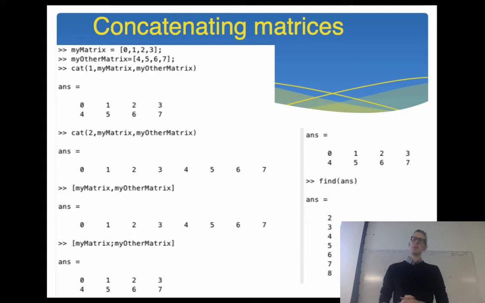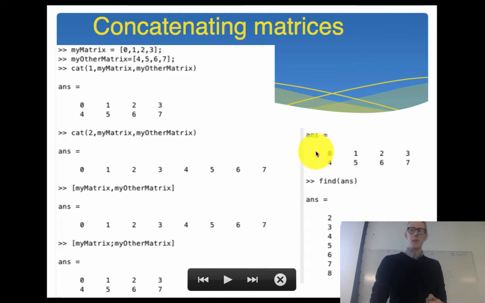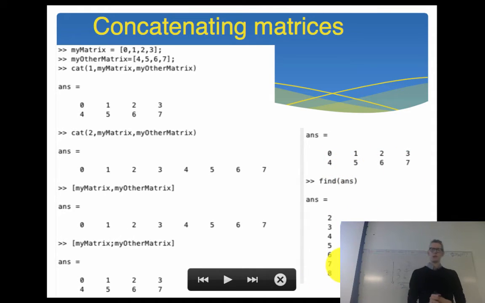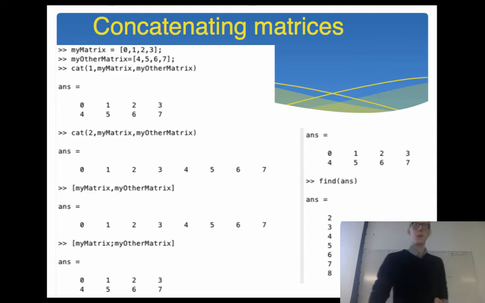So that's definitely something you need to be aware of in MATLAB, that even if you have a two-dimensional matrix, you can refer to every element of it with a single number. So what it's done here is it's said that every element, 1 to 8, is non-zero apart from the first one. So 1, 2, 3, 4, 5, 6, 7, 8. They're all non-zero apart from the first one.